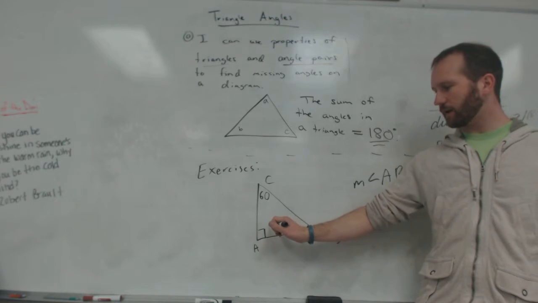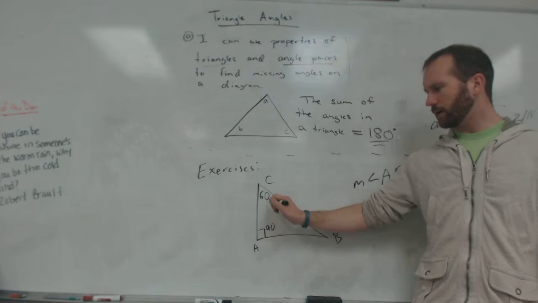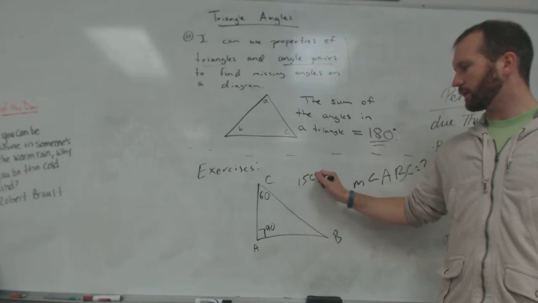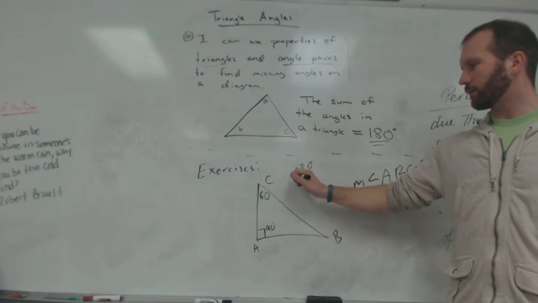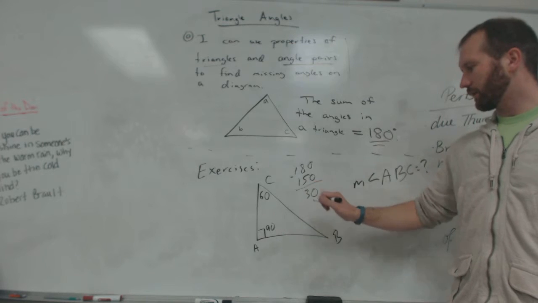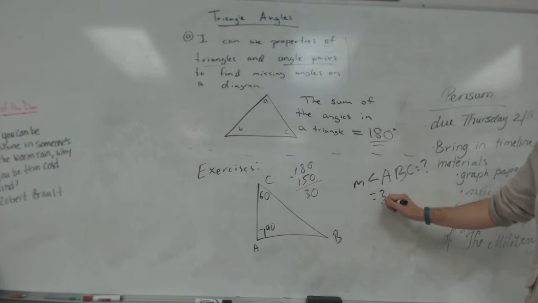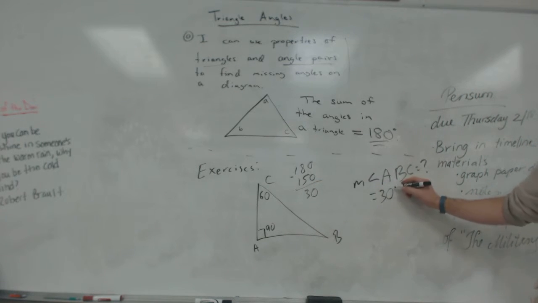What is the measure of that? 90, right? 90 plus 60 is 150. And 180 minus 150 is 30. So this would equal 30. Don't forget the degrees symbol. Very important.